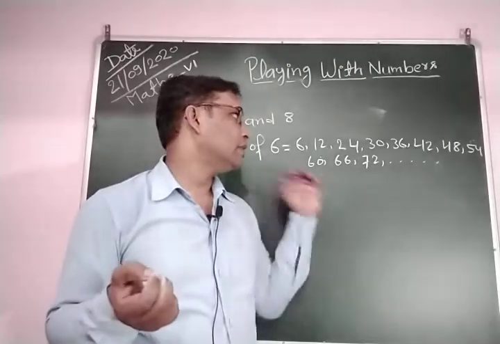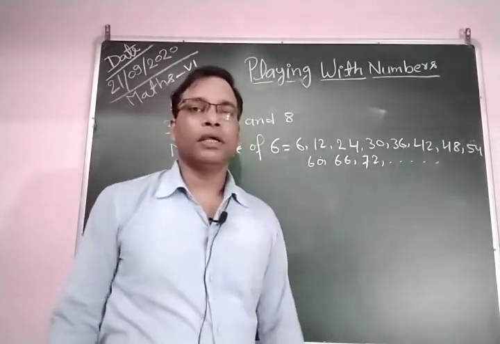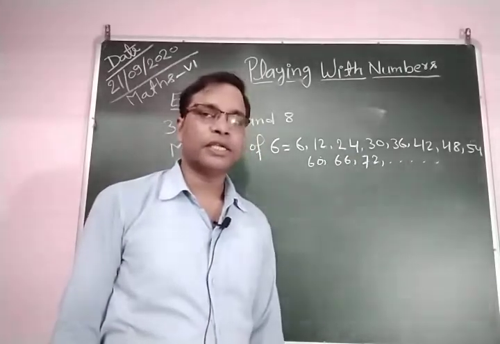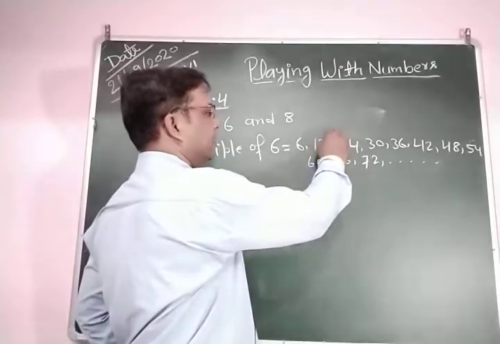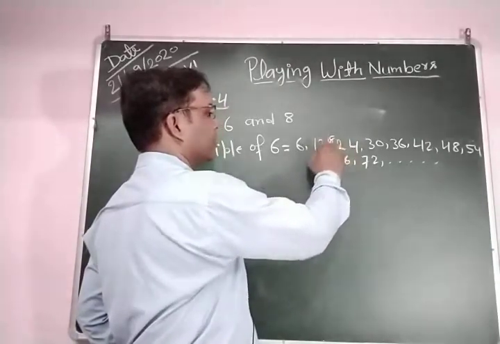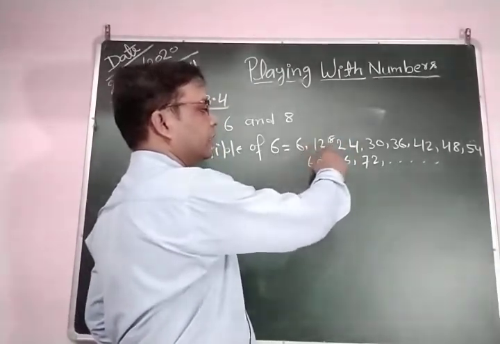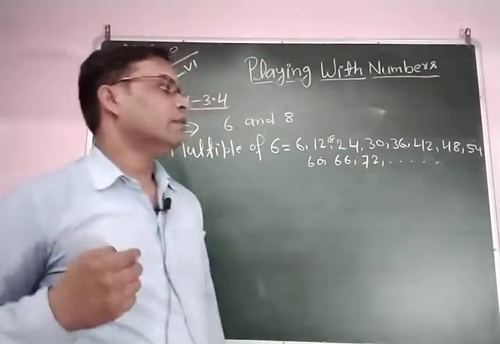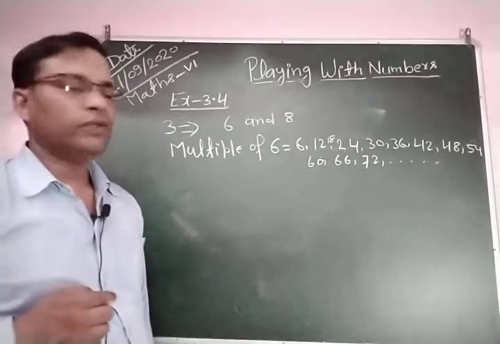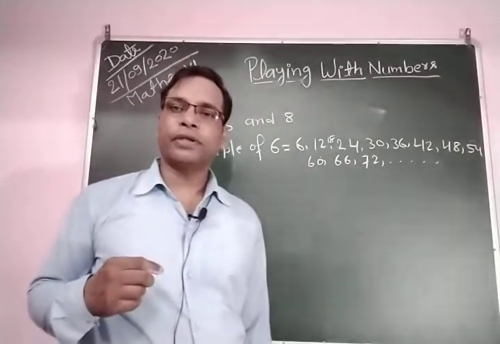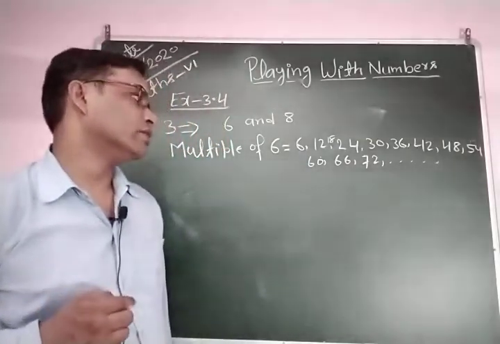So first you write the multiples of 6: 6, 12, 24, 30, 36. Sorry, one is left, 18 here. 6, 12, 18, 24, 30, 36, 42, 48, 54, 60, 66, 72. You can write 78, 84 and so on.